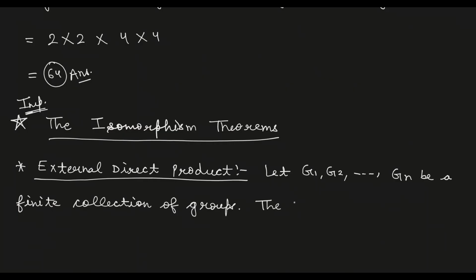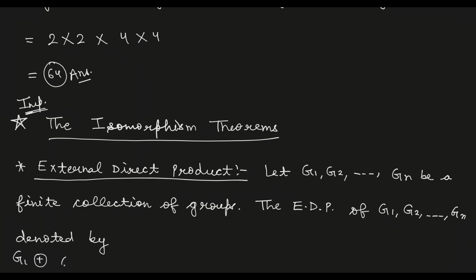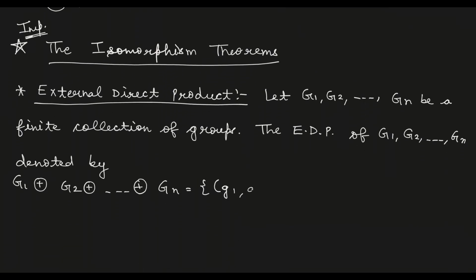The external direct product of G1, G2, so on till Gn, which is denoted by G1 direct product G2, so on till Gn, is equal to, this is basically in the form of an n-tuple (g1, g2, so on till gn), where this gi belongs to group Gi for all 1 less than or equal to i less than or equal to n.